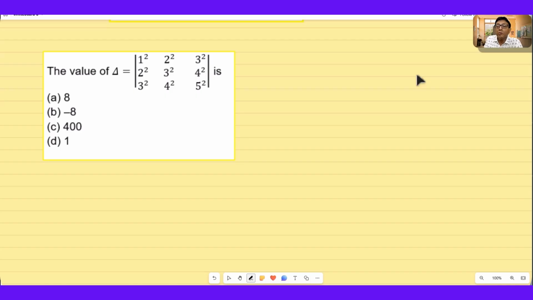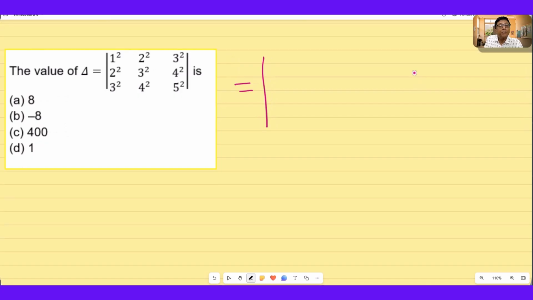What am I going to do? This you write row wise. Subtract this from this: R3 dash is R3 minus R2. And then subtract this one from this one. So this remains unchanged, 2 square, 3 square.